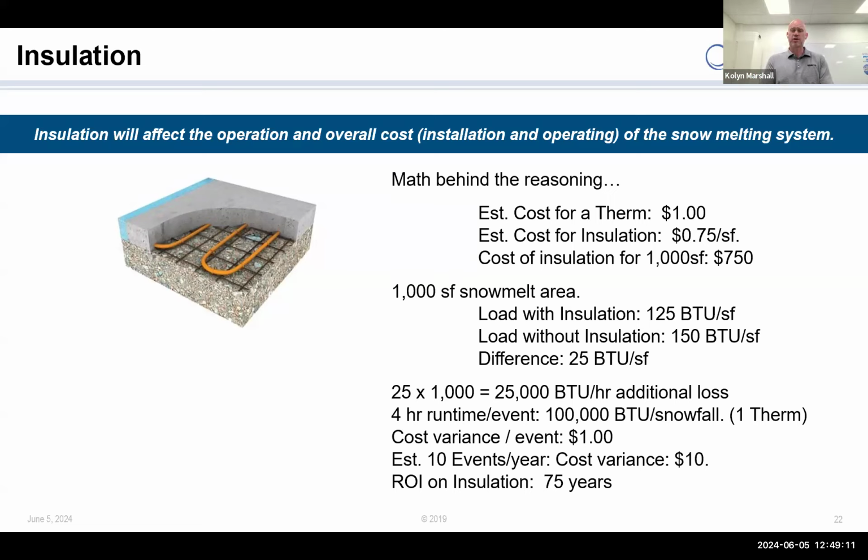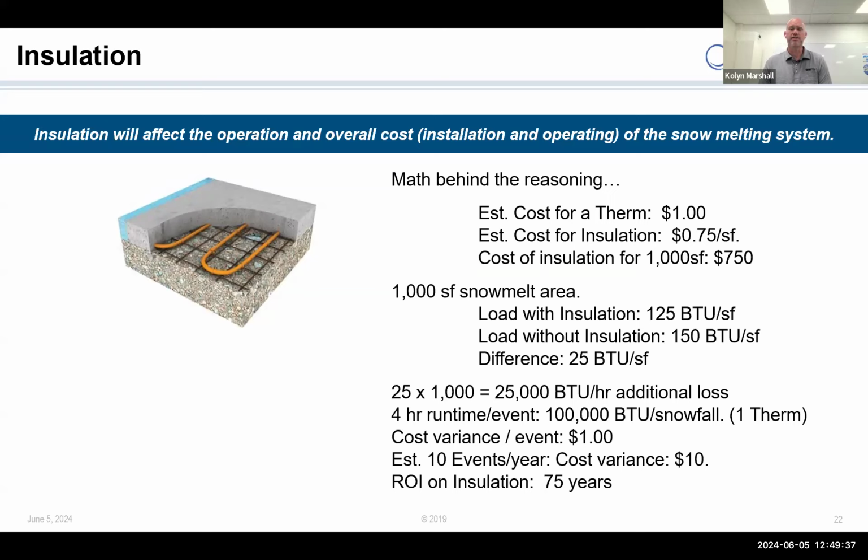When you look at the cost of the BTUs, that difference of 25 BTUs per square foot is about 25,000 BTUs in additional loss. Average a 4-hour runtime is 100,000 BTUs. It's a therm of BTUs. It's $1 per event that you're looking at.